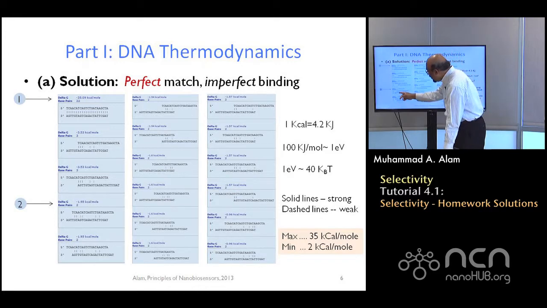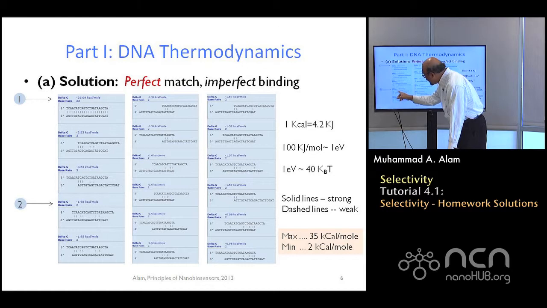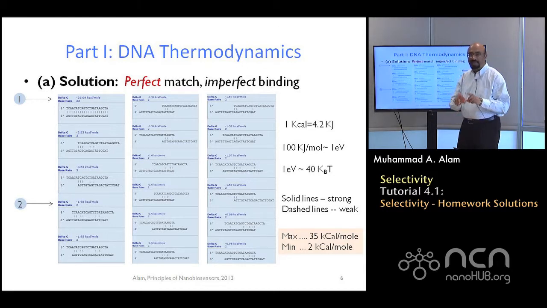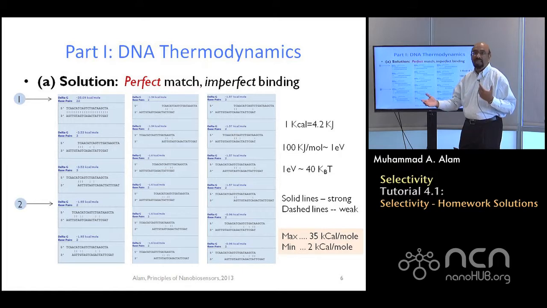For example, take a look. What has happened is that the bottom molecule, the target molecule, has come and gotten shifted. So there are 2 places, C going with G, A going with T, where the neighbors are bound. There are a few other places, given by these double dots, 4 other places, where they are bound but their neighbors are not.